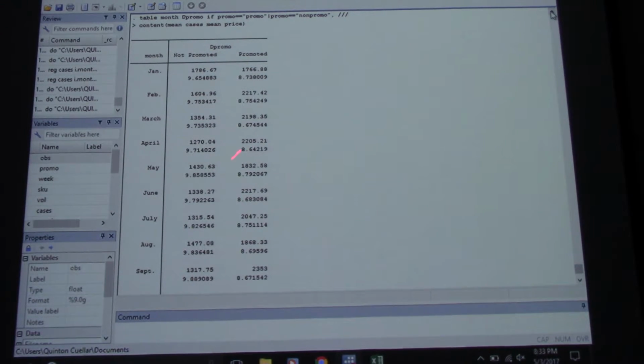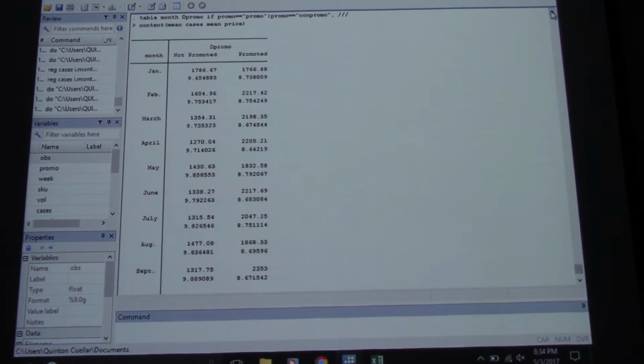In February, the same thing is true. Almost a full buck here. Not quite a buck here. More than $1 here. More than $1 here. And this is about a $10 bottle of wine, so that's a pretty big sale. Every time they promote, they reduce price.